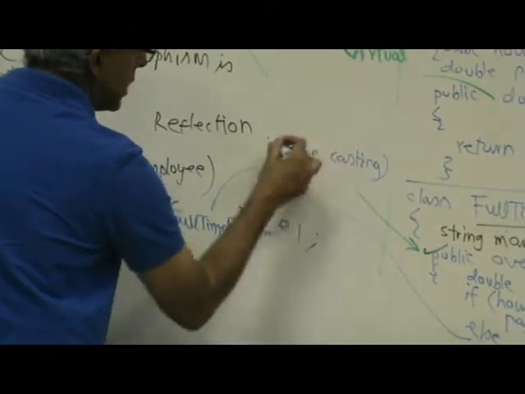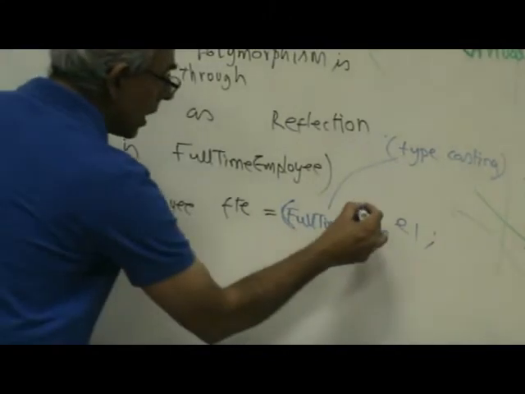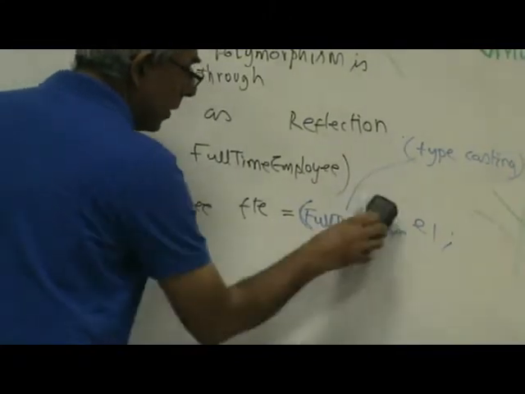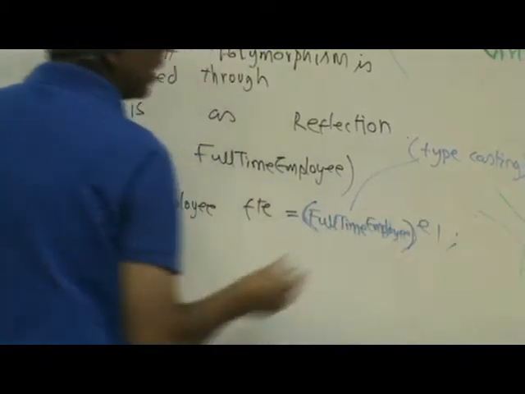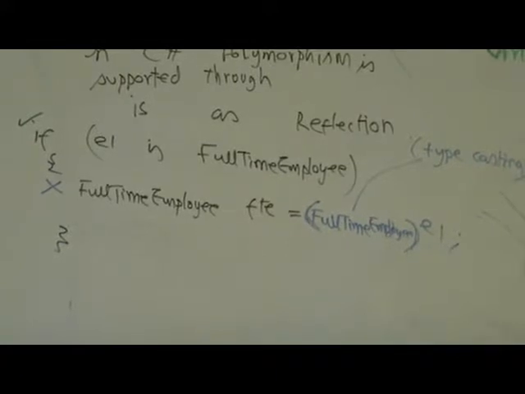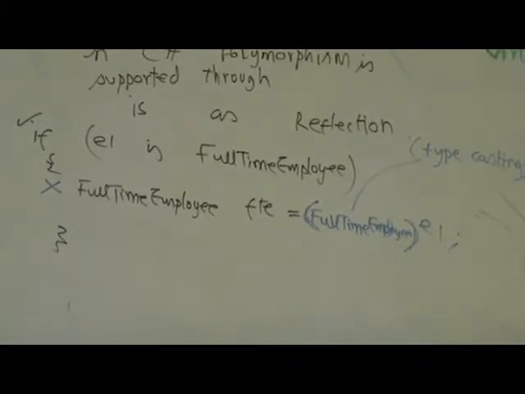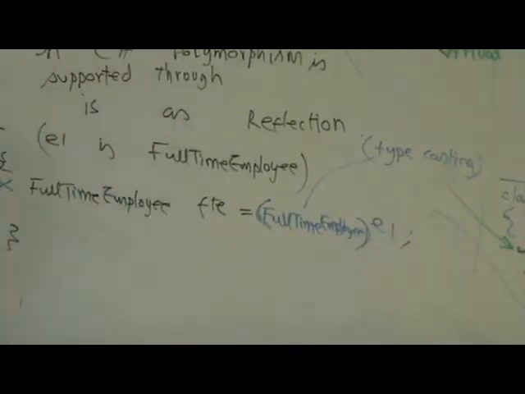Typecasting is basically converting one type to another, and we always put whatever type we are trying to convert to within parentheses before whatever variable we need to convert. So now we are telling the compiler it's okay to treat E1 as a full-time employee.